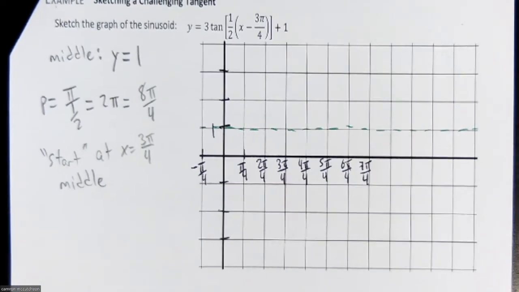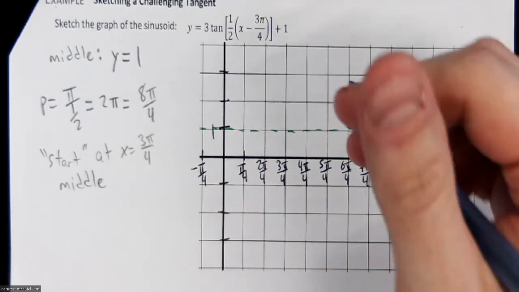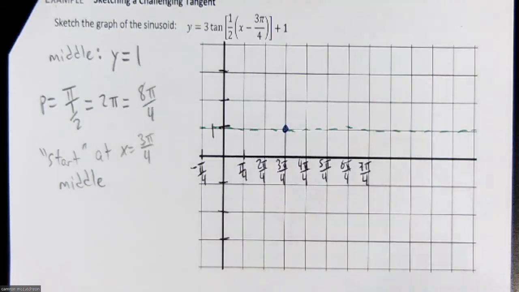Whoa, I didn't realize my paper was so crooked. I'm sorry. Here's what we know. We know that we are going to start on our middle line when x is 3 pi over 4. So I have a point right there. The tangent function will always have a middle point directly between two asymptotes, and will always have an asymptote directly between two middle points.